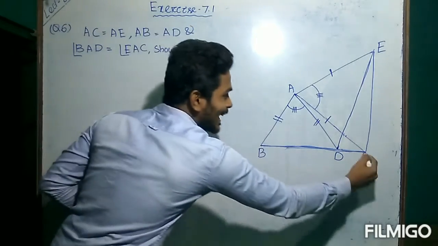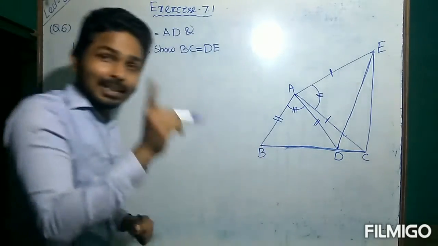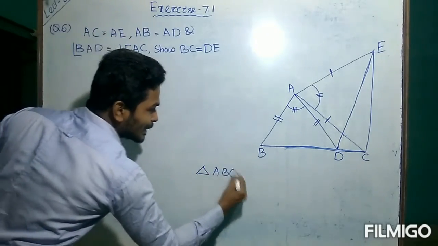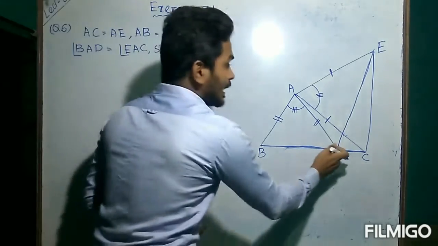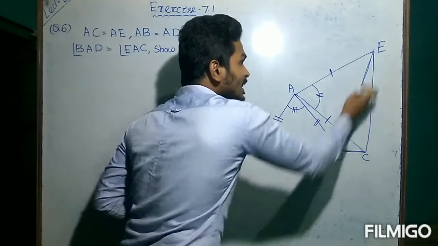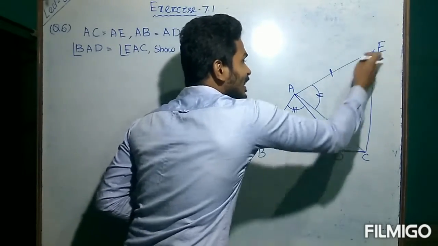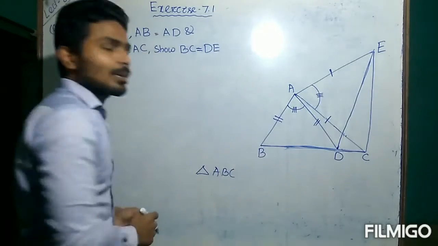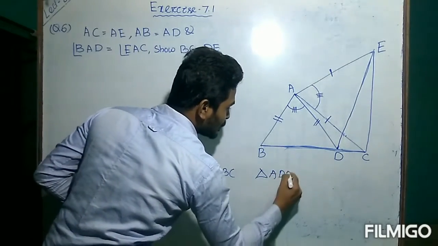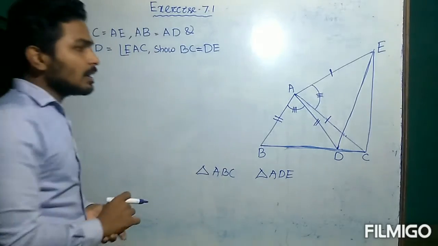This triangle, ABC triangle, yes or no? Yes. So you have to ultimately choose triangle ABC. Then DE is a side of which triangle? This triangle, ADE. So ultimately we have to take the triangle ADE. Keep this in your mind.